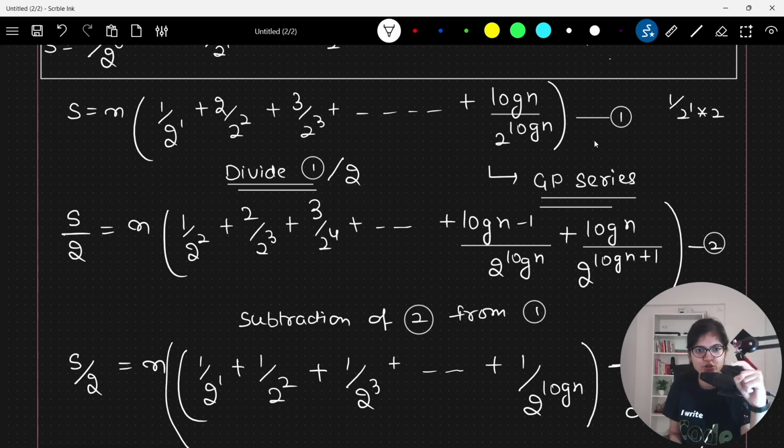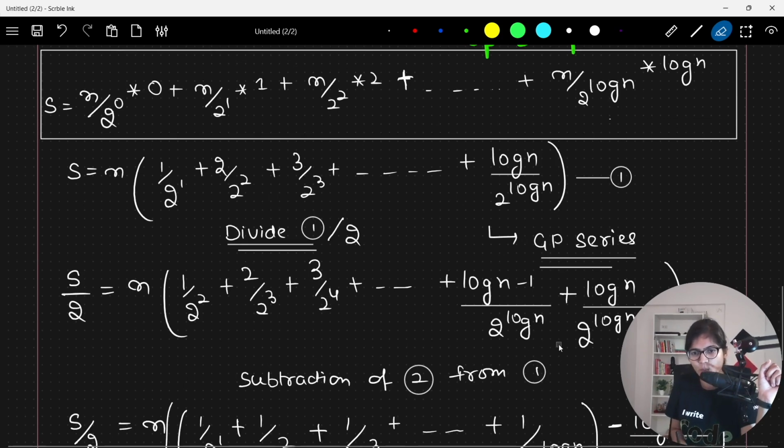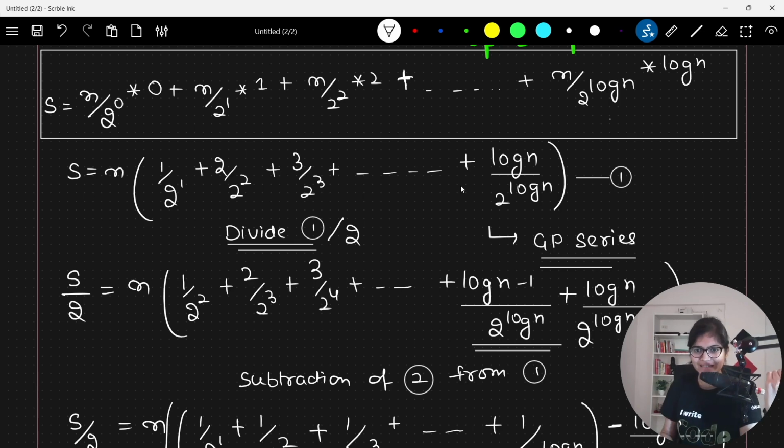So it will be 2 to the power 2. So we will be able to get the value as 1 by 2 to the power 2. So at the denominator, we are multiplying everything by 2 by 2 by 2, right? So we will be able to get 2 to the power 3, 2 to the power 4, until 2 to the power log of n, 2 to the power log of n plus 1. So here I just have written one term which is before that. That's it.